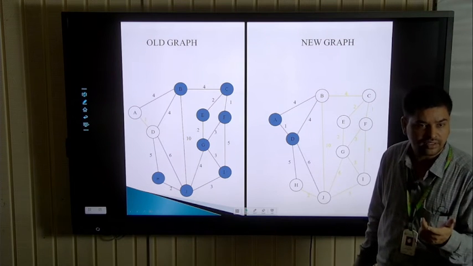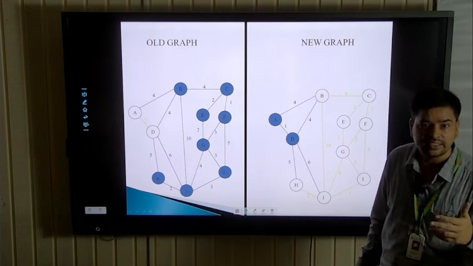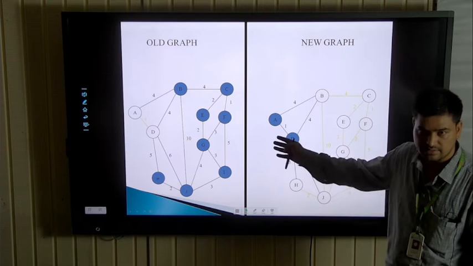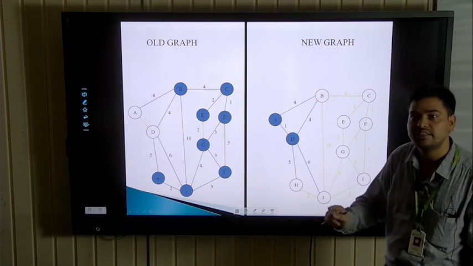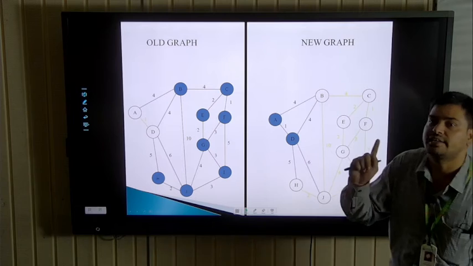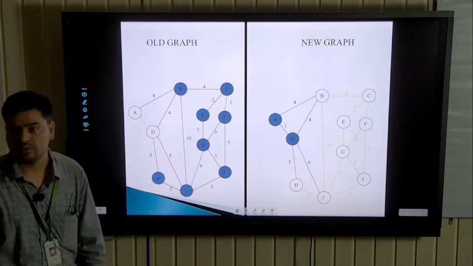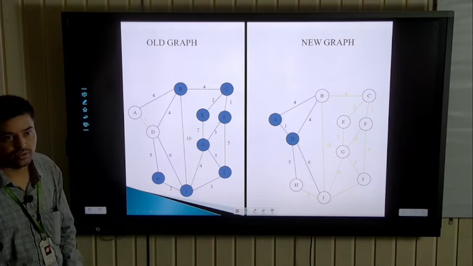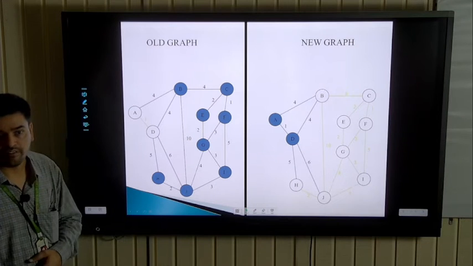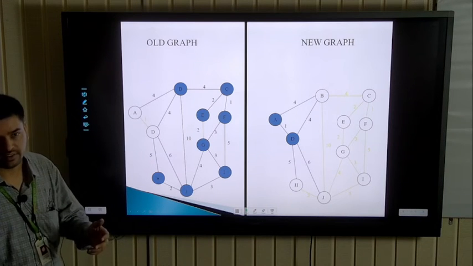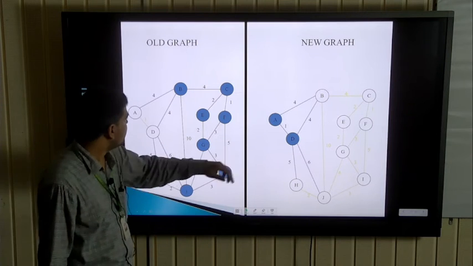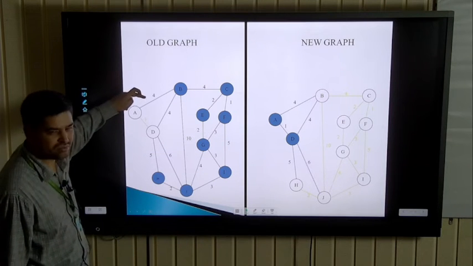In the Kruskal method, in the second step we select the second lowest edge. But in this, we do not select the second lowest edge. From this, we have two nodes, A and D. How many edges are adjacent to A and D?